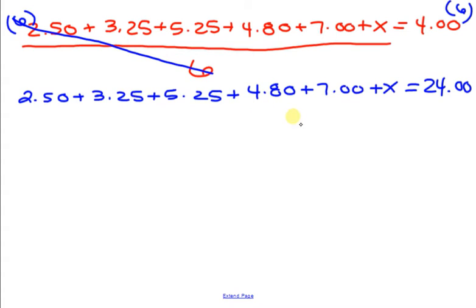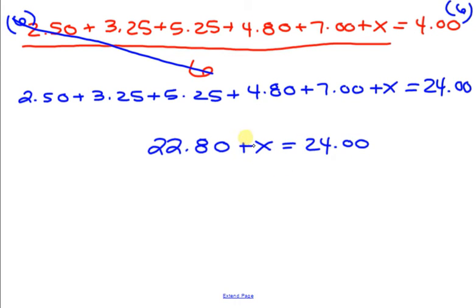Now I'm going to combine all of these amounts. So $2.50 plus $3.25 plus $5.25 plus $4.80 plus $7. That's going to give me $22.80 plus x equals $24.